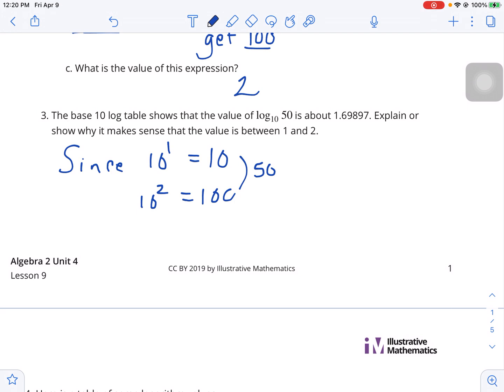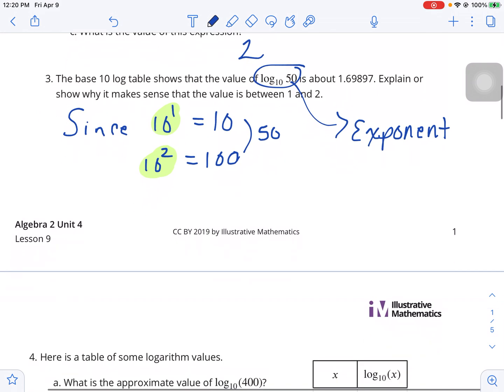And so log base 10 of 50, remember this is an exponent. And since 10 to the first is 10 and 10 to the second is 100, we know our exponent is between 1 and 2.